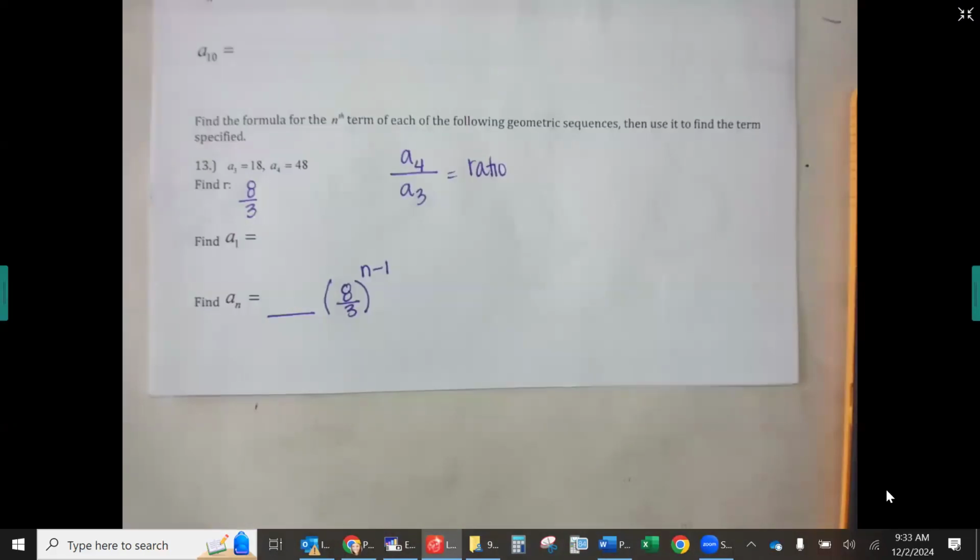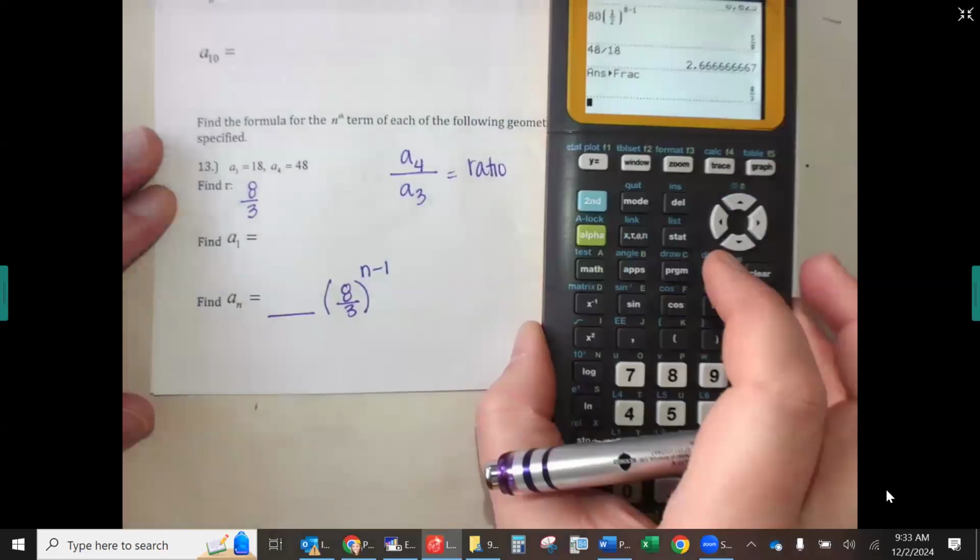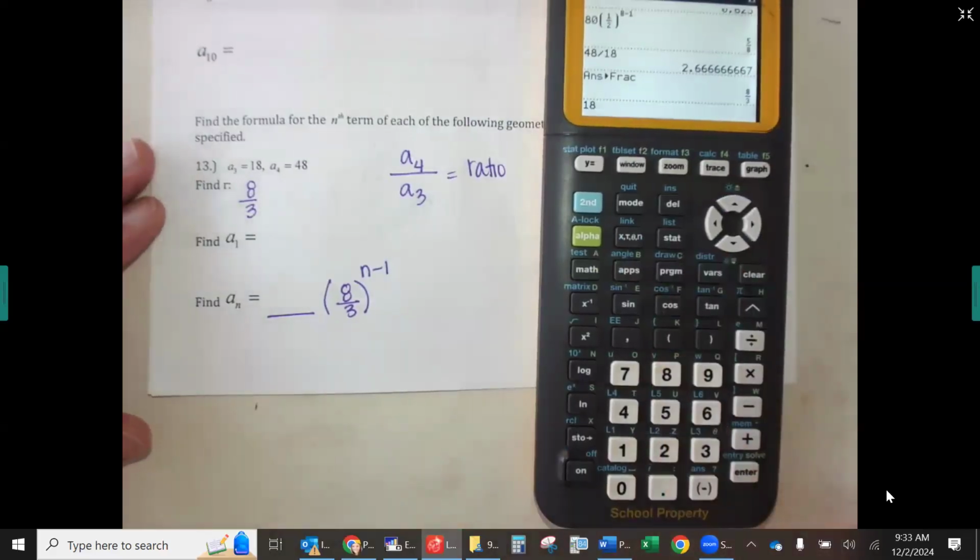So we're going to have to do a little bit of work to go backwards to this A1 term. So type into your calculator 18. And we want to undo the times 8/3, yeah? And how many times are we going to have to do it if we have the third term and we're trying to go back to the first term? We have to undo 2 of them.